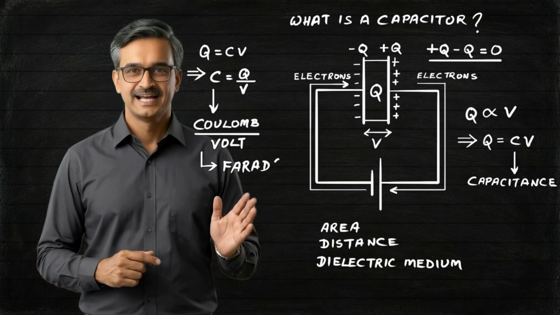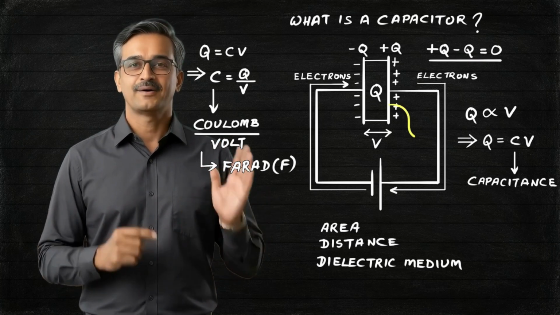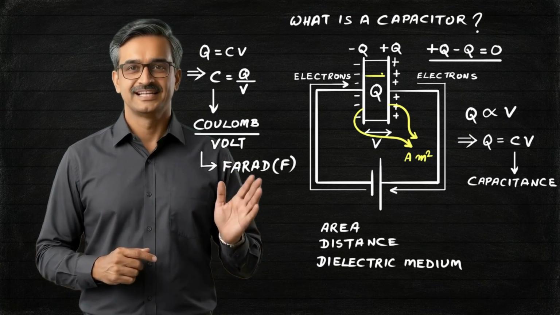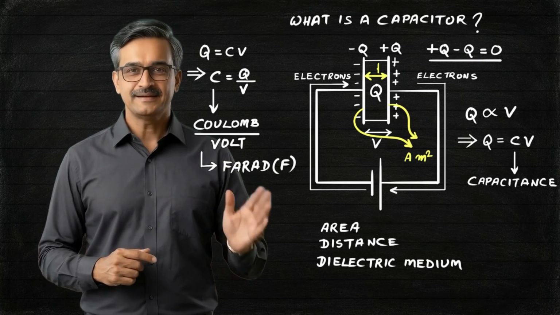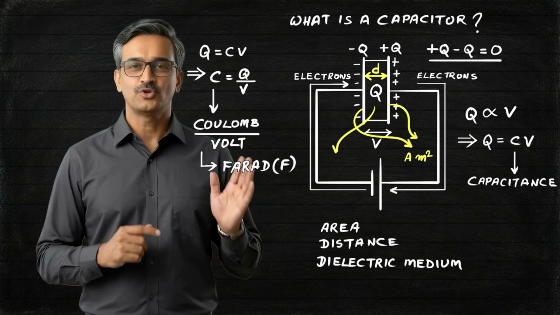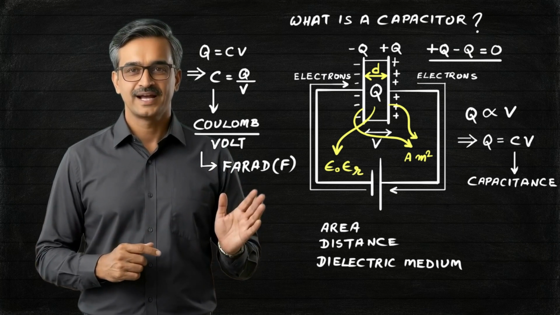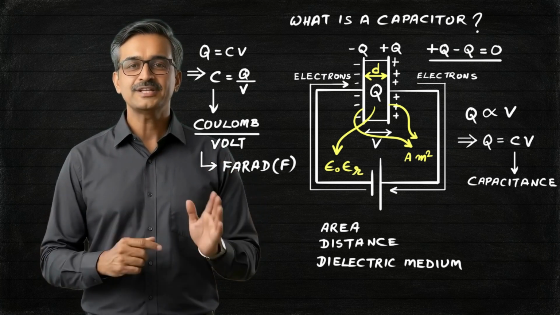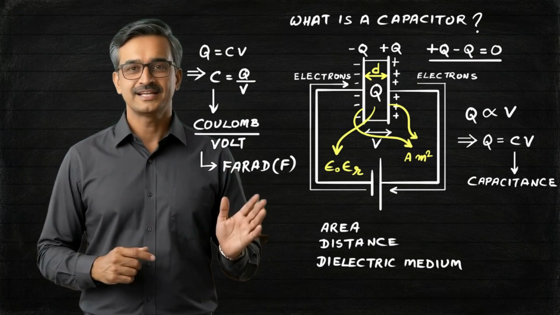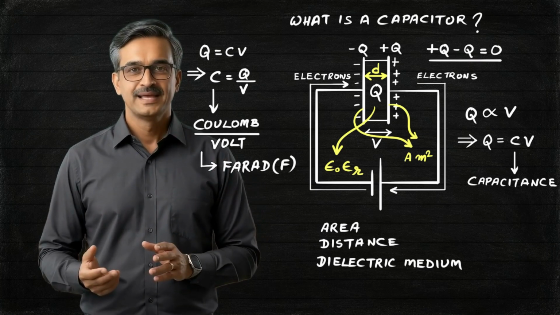Now let's actually calculate the capacitance. Suppose we define the following. The area of each plate is A, measured in square meters. The distance separating the two plates is d, measured in meters. And the permittivity of the dielectric medium between the plates is given by epsilon naught times epsilon r, where epsilon naught is the permittivity of free space, that is, of vacuum, and epsilon r is the relative permittivity of whatever dielectric material we've placed between the plates.